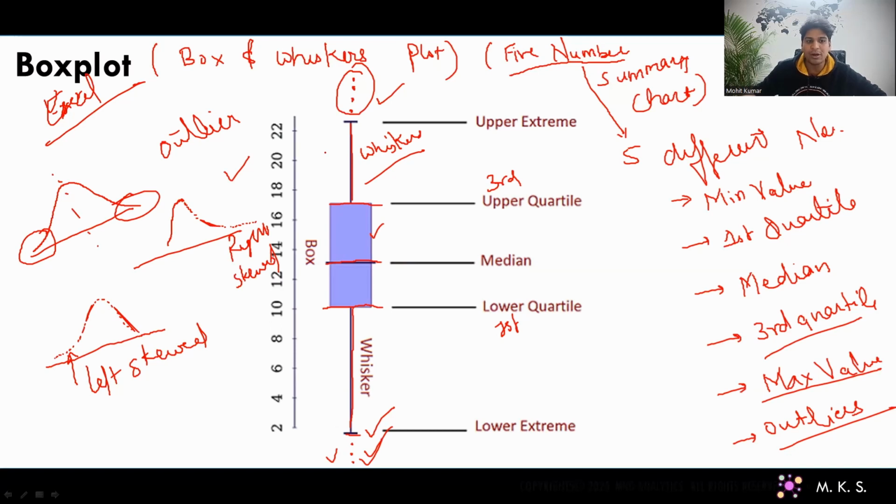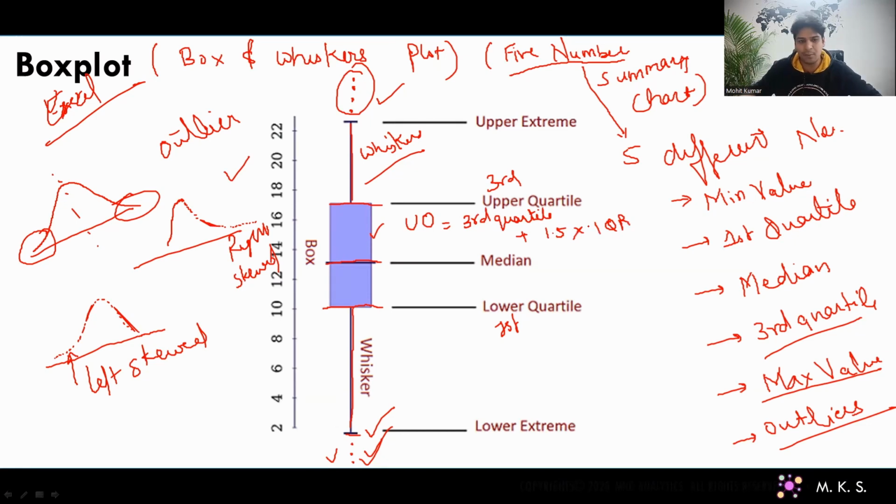Now, the important point is, how do we calculate outlier, guys? So there is a straightforward formula for this. For the upper outliers, we use third quartile plus 1.5 times IQR. And I am pretty sure you know about IQR, interquartile range.